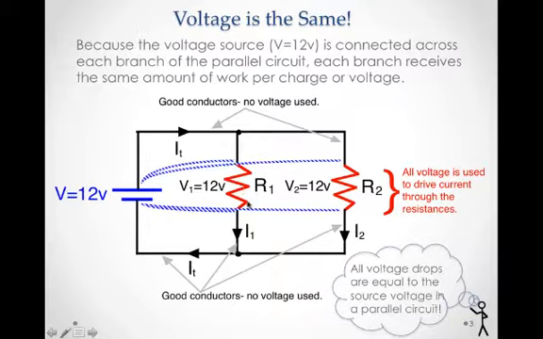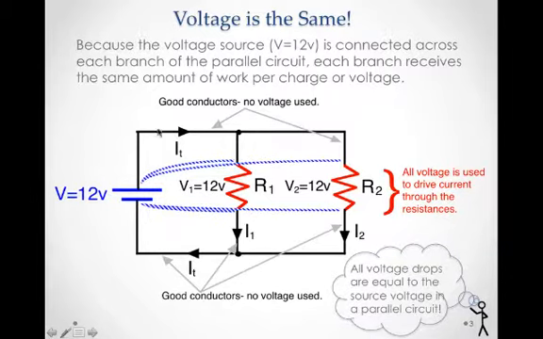All the work is done to push the charge and pull the charge through the resistor. And then it doesn't take any work to move the charge back. So there's no loss in voltage, there's no drop in voltage to here, and then there's also no drop in voltage all the way back. So all 12 volts of that potential difference show across resistor 1 right here. So the voltage across resistor 1 is 12 volts.